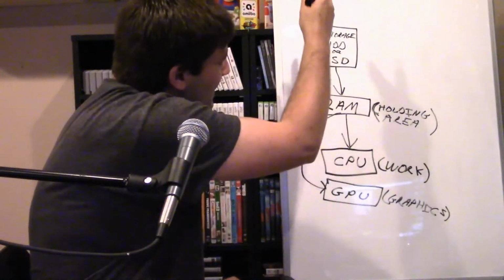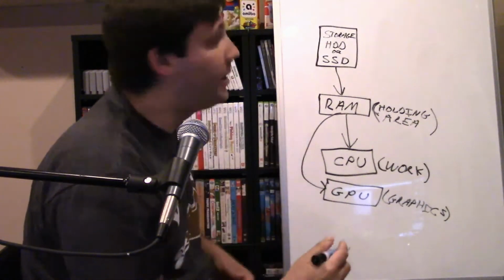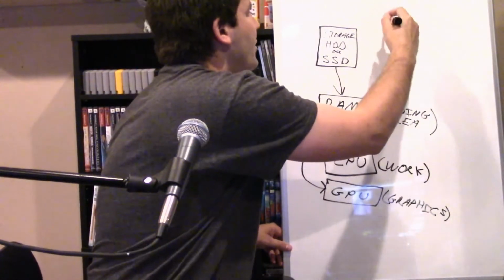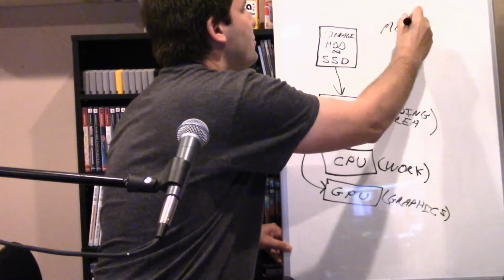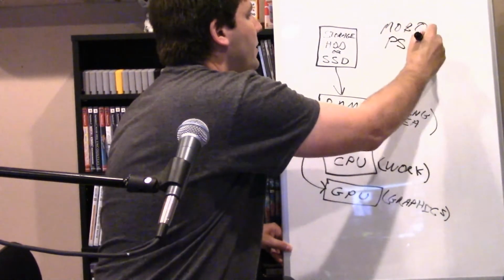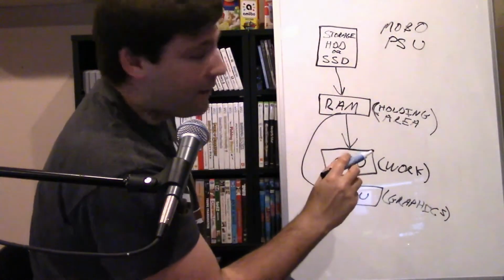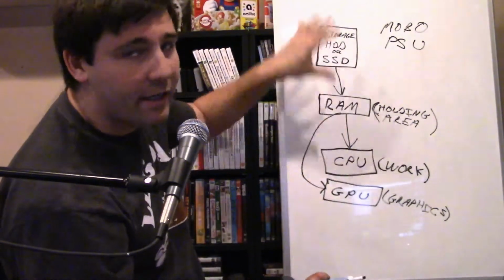Okay, so this is basically how it is. Now there are other components of the computer, like the motherboard, or MOBO for short. You can also have the power supply unit, but none of these, in my opinion, really affect how the computer processes data and how fast it is.